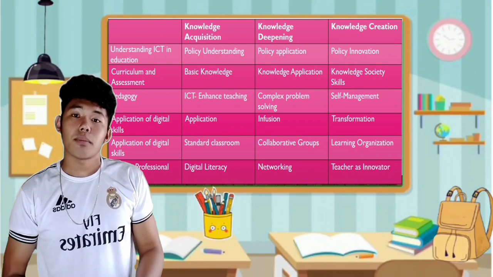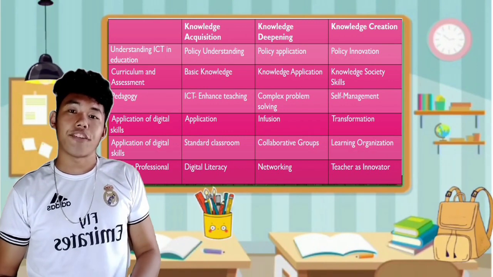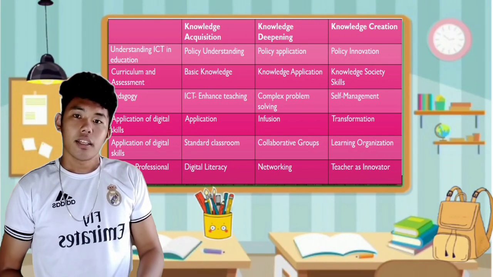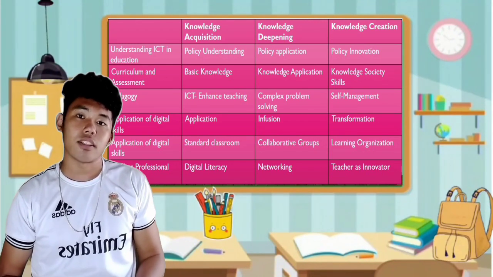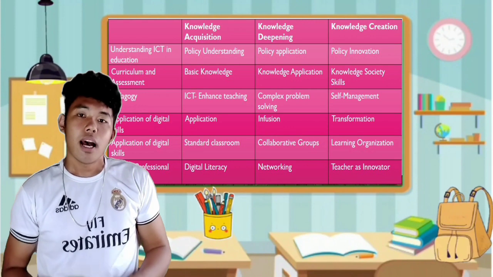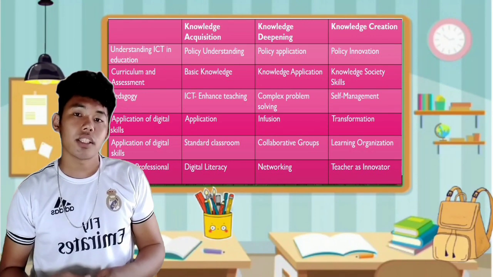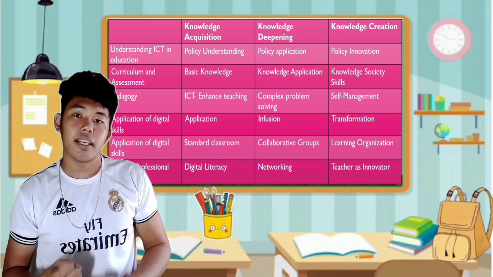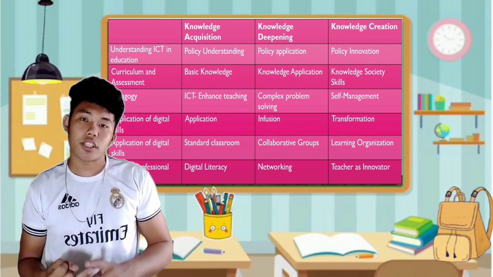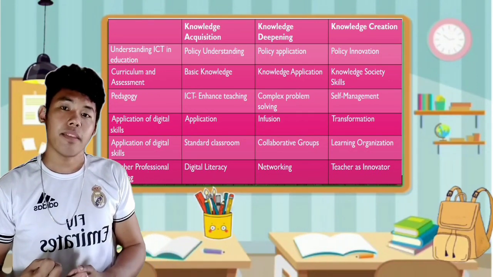Now I am going to discuss the UNESCO ICT Competency Framework for Teachers. This framework is part of a range of initiatives by the UN and its specialized agencies. As shown by the framework, teachers have 6 aspects of work. First is understanding ICT in education. Second is curriculum and assessment.